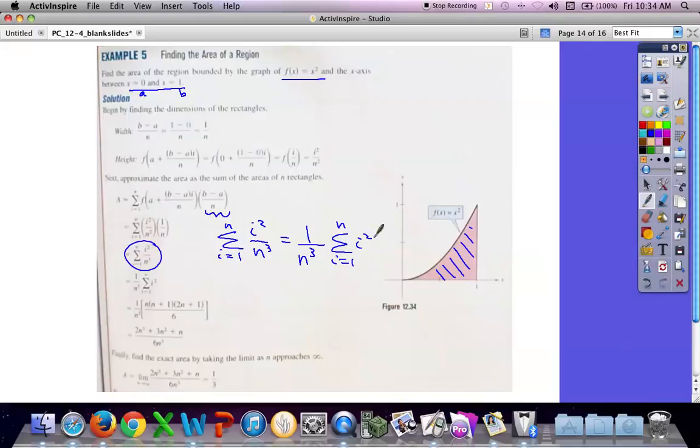Back in chapter 9, when we were doing math inductions, we were proving things like this. We were showing that the sum of the i squareds, 1 plus 4 plus 9 plus dot, dot, dot, plus n squared, equals a formula for the S sub n, which was n times n plus 1 times 2n plus 1 over 6.